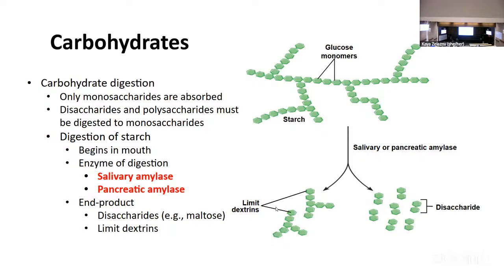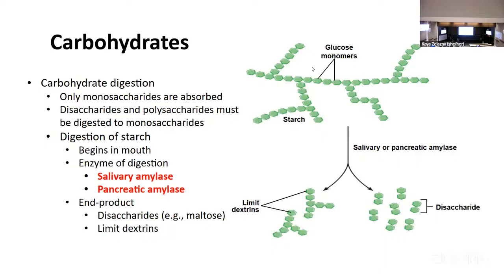So we started with our carbohydrates. Especially we want to think of that as starting in the mouth, as we've got salivary amylase that's responsible for kicking off our digestion of starches in particular. But we know that's not the only thing.